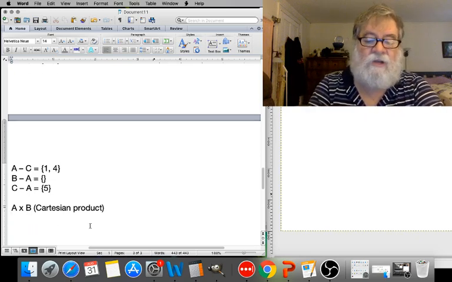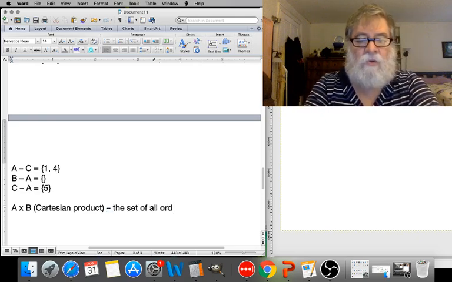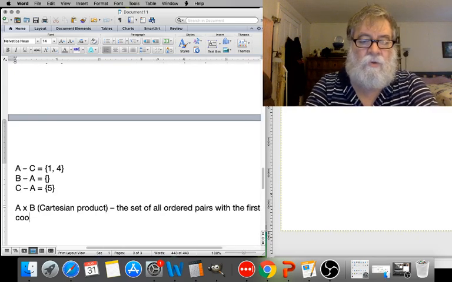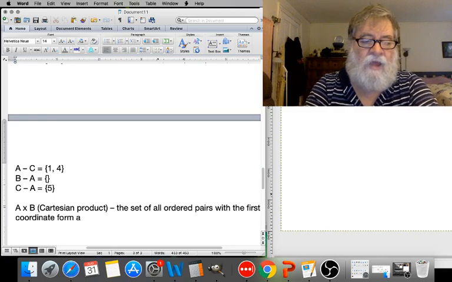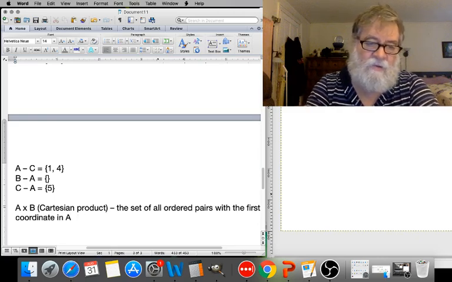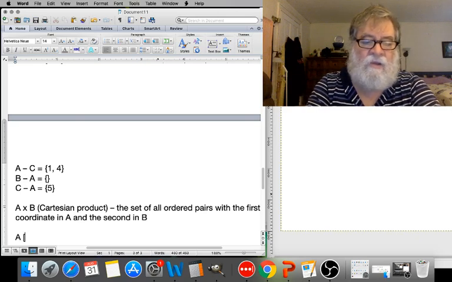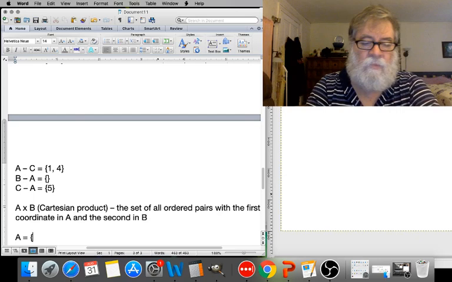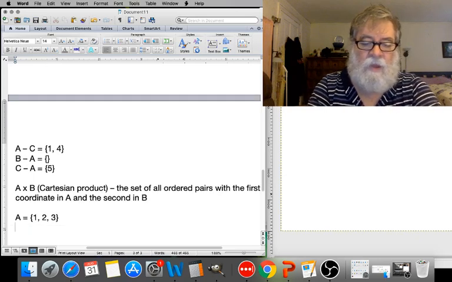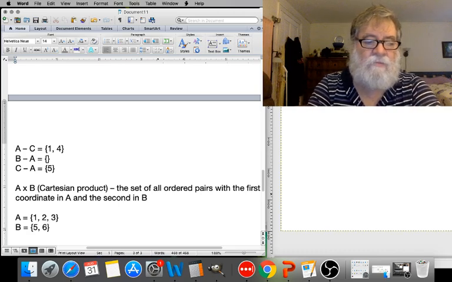The Cartesian product is the set of all ordered pairs with the first coordinate from A and the second in B. So if A is 1, 2, 3, and B is 5, 6, then A cross B would be a set of ordered pairs.